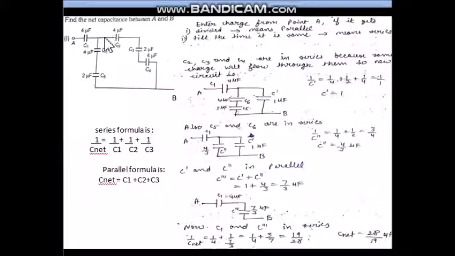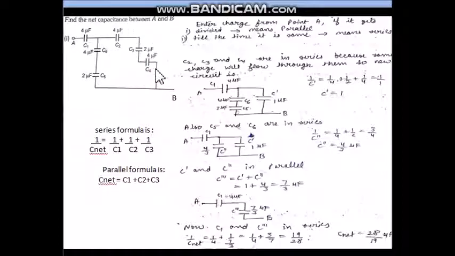Now let us talk about this upper branch. Whatever charge enters C2, the same charge will flow in C3, the same charge will flow in C4, and it will reach the junction again. This is called the junction. So in C2, C3, C4, at least this is confirmed that the same charge is flowing.